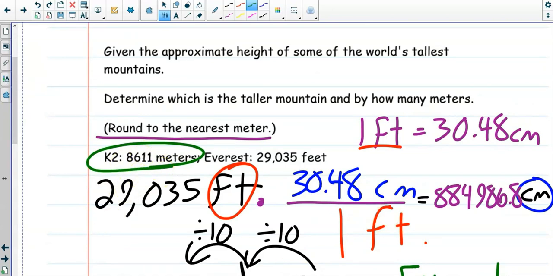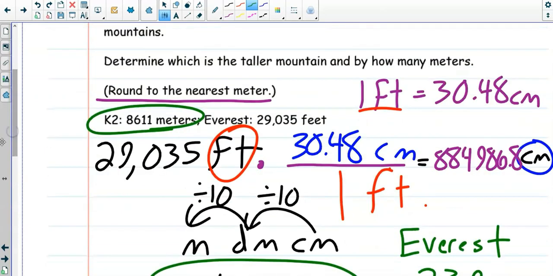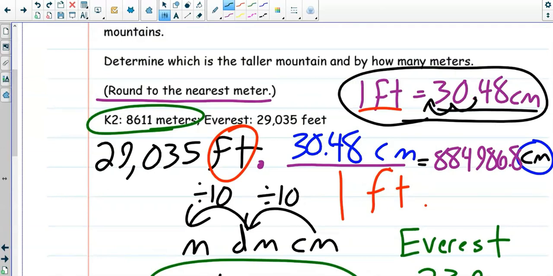The other way that you could have done this, like I said, is we could have taken this right here and converted the centimeters into meters, which means that we would have moved the decimal 2 places this direction, because that's what happens when you divide by 10.